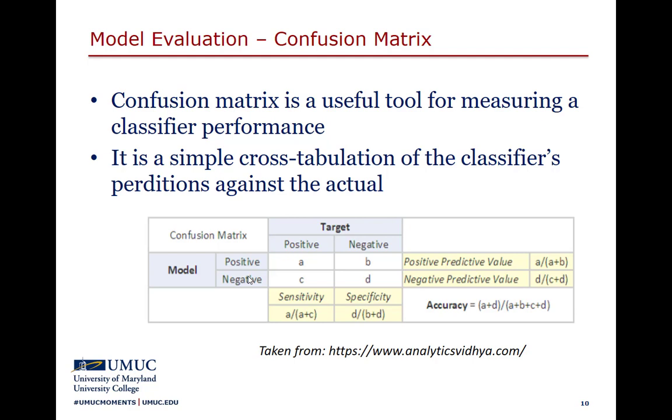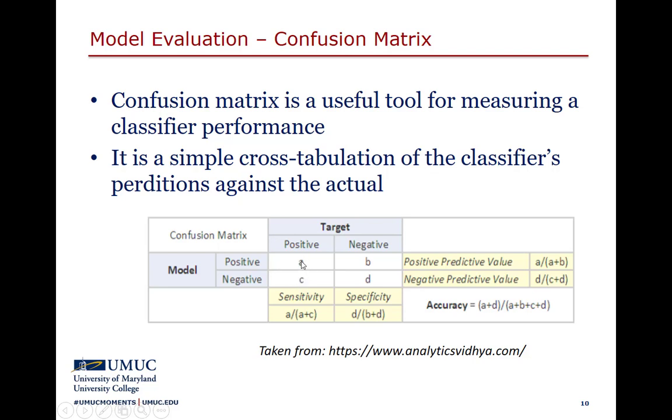Another application, for instance, is fraud detection. Detecting whether a transaction is fraud would be the class of interest, so that would be the positive class. So here the cells in the confusion matrix are the number of cases in each cell.